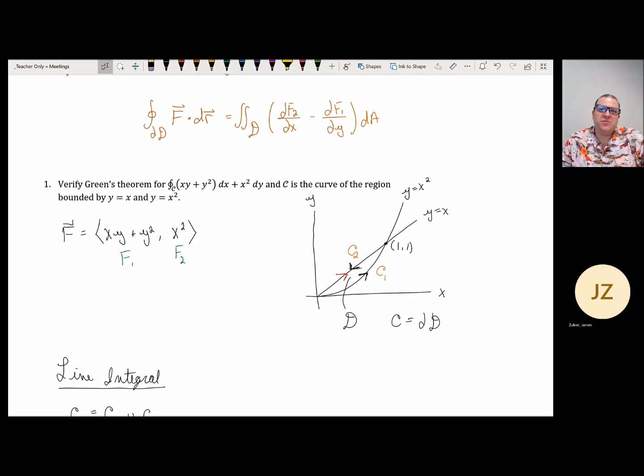If f is conservative, then those partials are equal. Mixed partials are equal in conservative vector fields, which means you're actually just integrating zero, which is zero. So this doesn't violate the fundamental theorem of line integrals, which is good. If it did, we'd be in trouble.